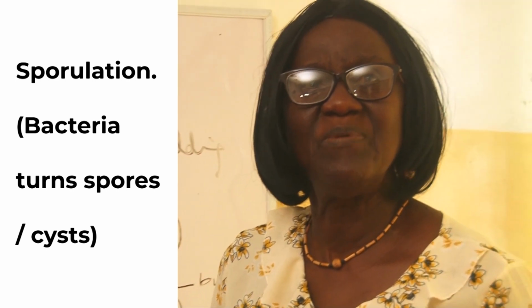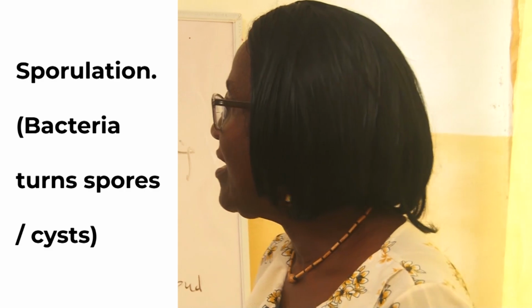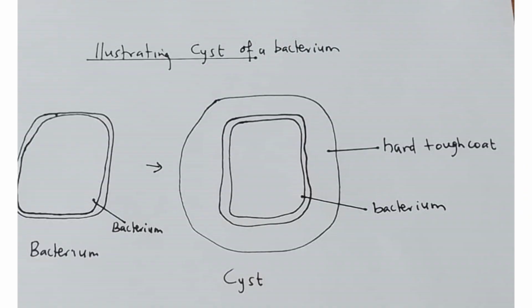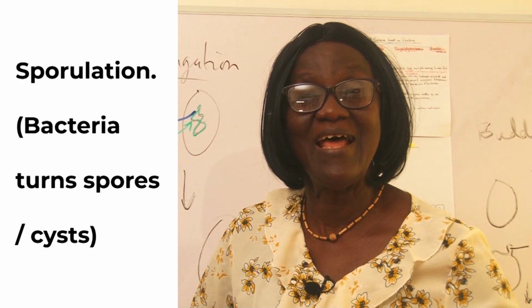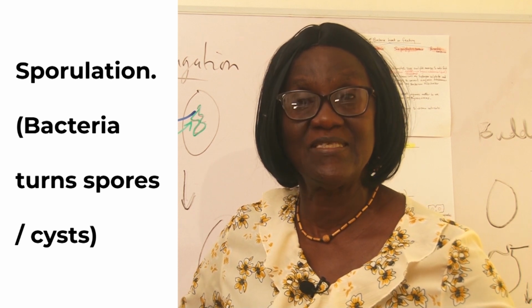Now there's something that bacteria also do. When the environment becomes unfavorable, the bacterium will form a cyst, will form a tough coat around itself, and then remain dormant. When conditions become favorable, then it will come alive and start reproducing.